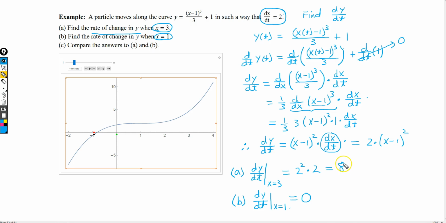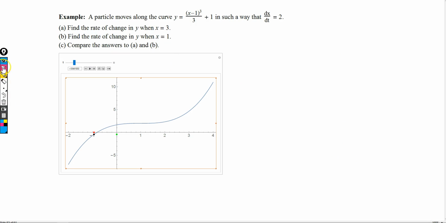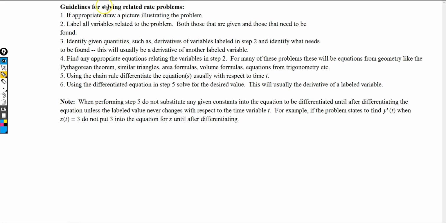All right, now let's take a look at some guidelines for solving these related rate problems. Here are some guidelines that we can follow. The first thing you want to do, if appropriate, is draw a picture illustrating the problem. That's usually what you want to do for most math problems.